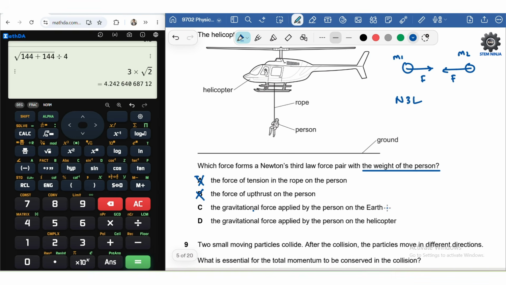Gravitational force applied by the person on the earth, yes. On the helicopter, no. It's on the earth, the gravitational force between this person and the earth. So weight is essentially the earth's force acting on the person, and this is the force applied by the person on the earth.